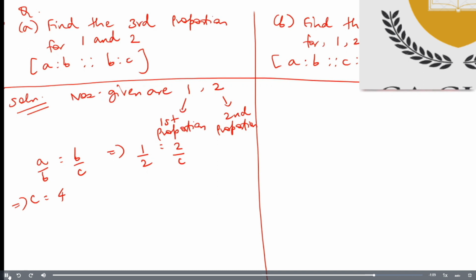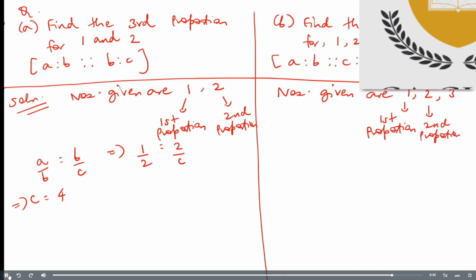The second part of this question, find the third proportion for 1, 2 and 3. Numbers given are 1, 2 and 3. 1 is the first proportion, 2 is the second proportion, and 3 is the fourth proportion.